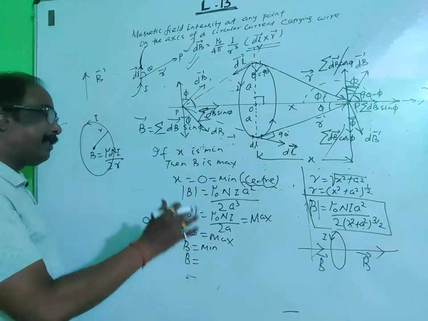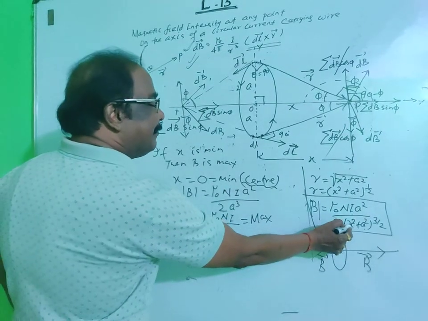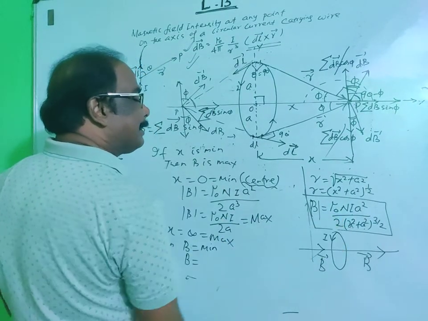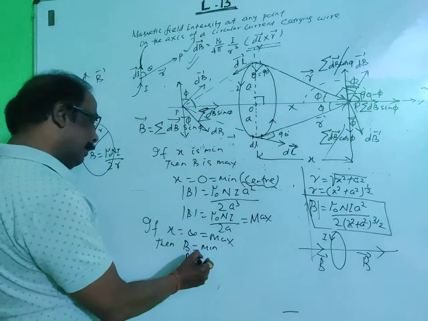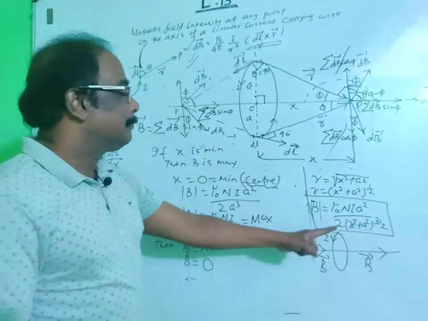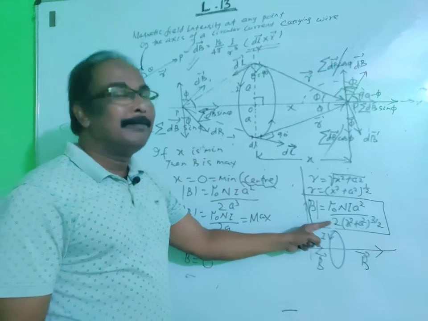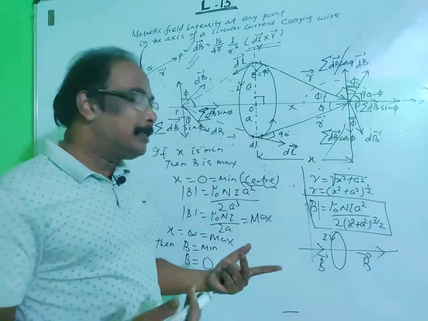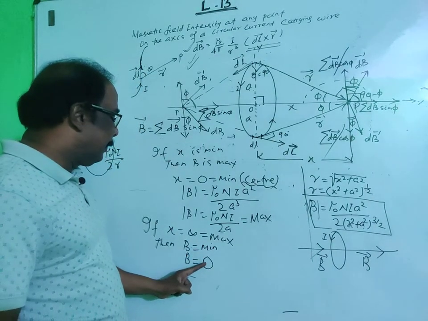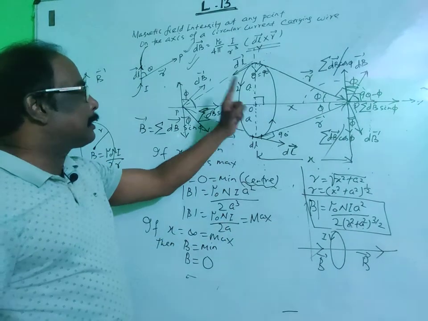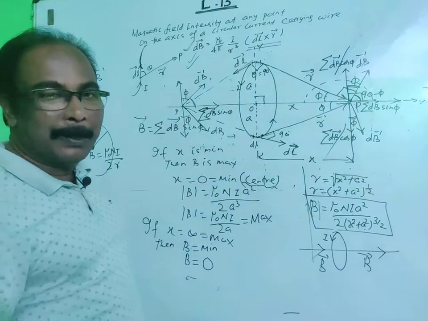At infinity. If x is infinity, then the magnetic field is 0. Means magnetic field is 0 at infinity and maximum at the center of the circular coil.